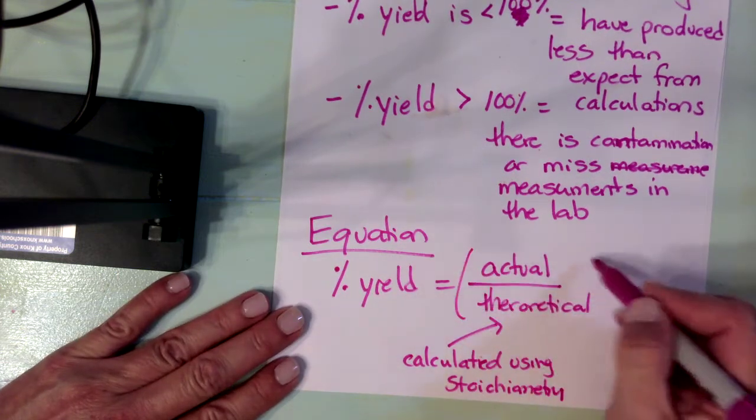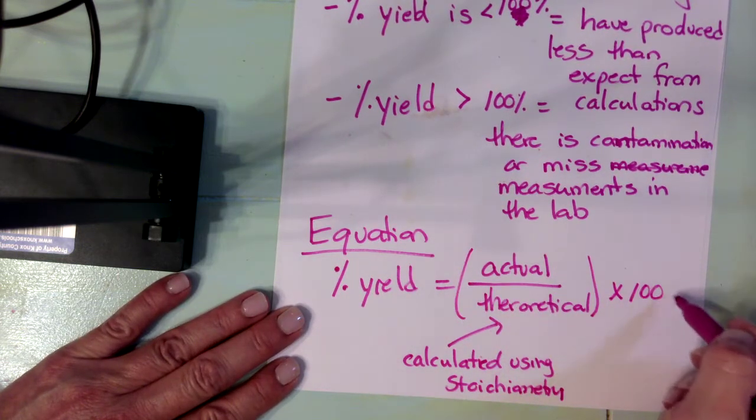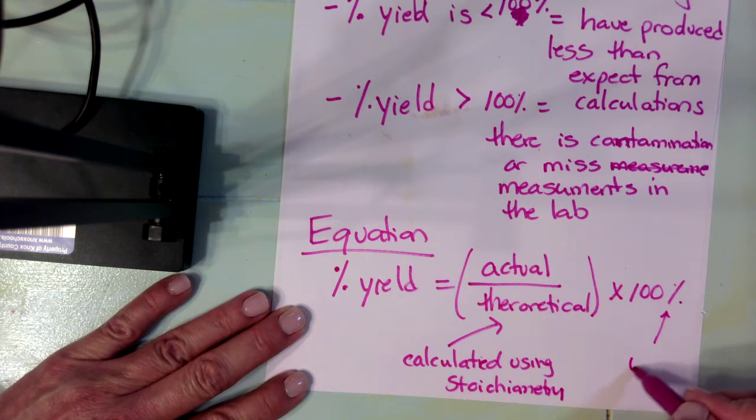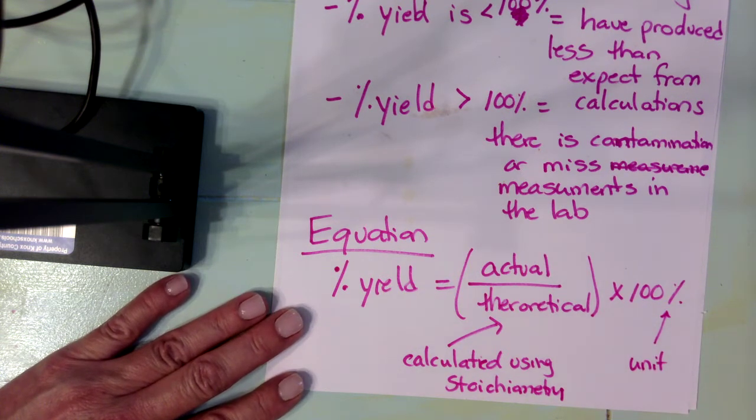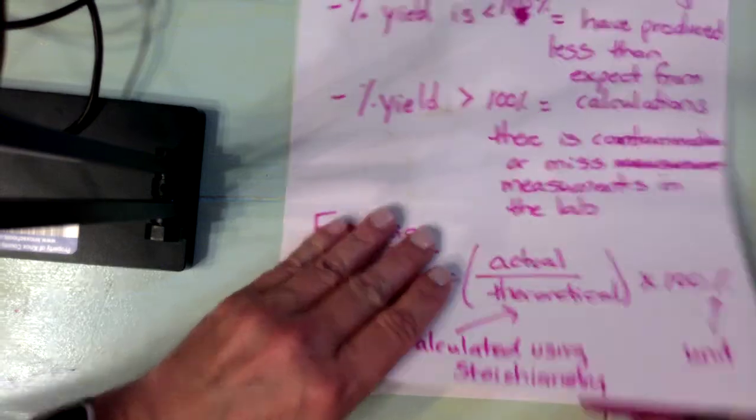And of course, this will give us a decimal, so then we need to multiply this by 100, and the percent is a unit, so make sure not to forget that. Press that in your calculator.